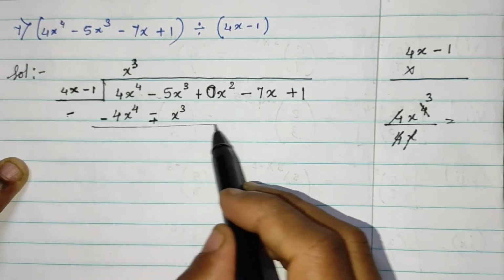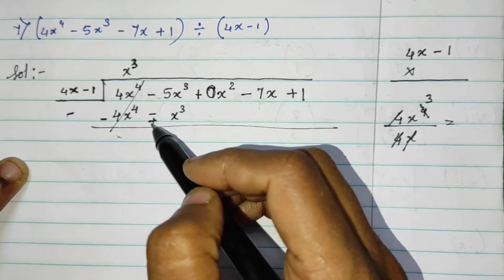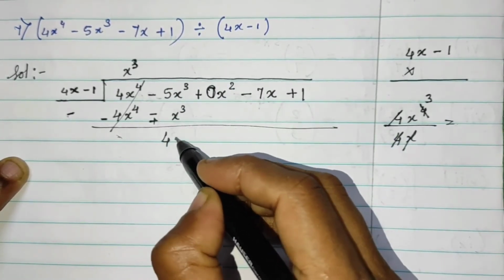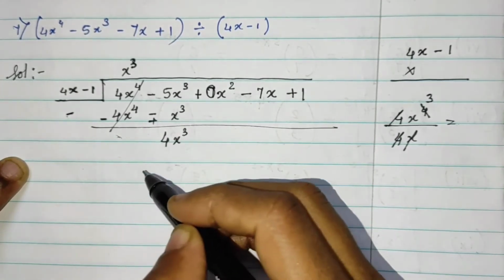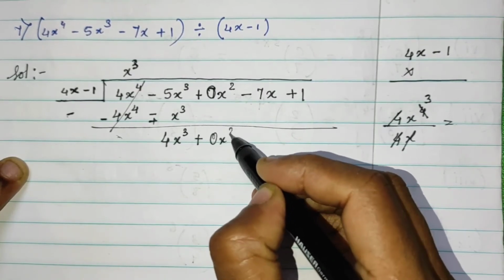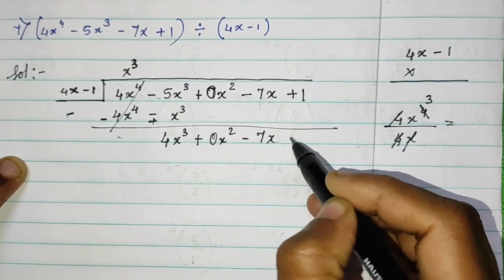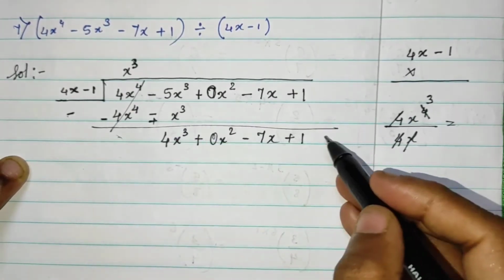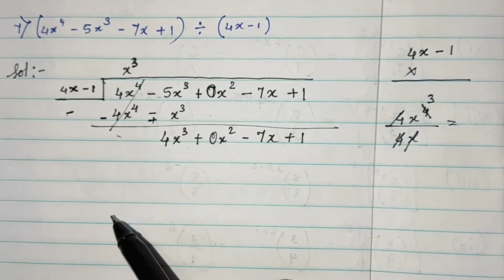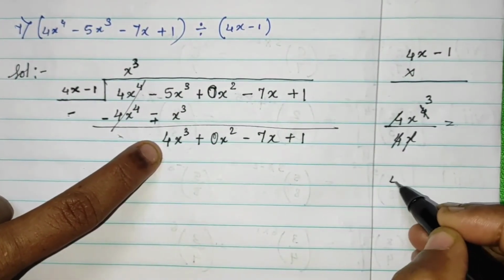So here this gets 0 and minus plus minus, 5 minus 1, 4 x cube. And then see, this 0x square is not there in the question. I have written it so that it is in ascending form. 4, 3, 2, 1.